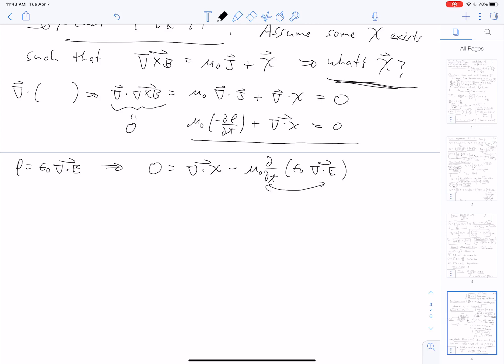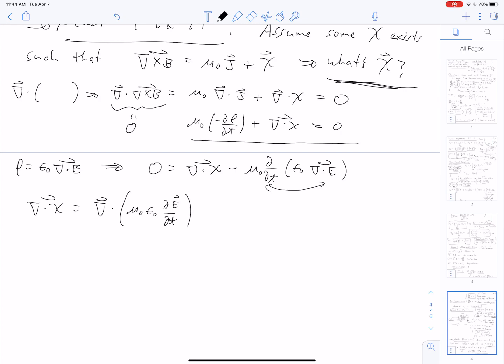And so then what we have is del dot chi is equal to, I'll pull the epsilon naught and the mu naught out, del dot mu naught epsilon naught dE dt.